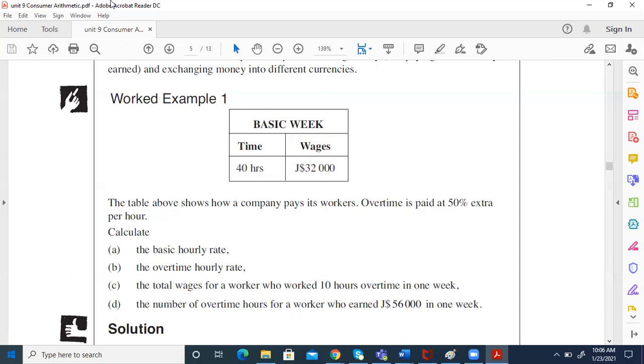You can't work 30 hours and say 10 of that are overtime and 20 are regular. The first 40 hours is the basic week, and anything over that is overtime. So bearing that in mind, what do you think is the total wages for a worker who works 10 hours overtime in 1 week?